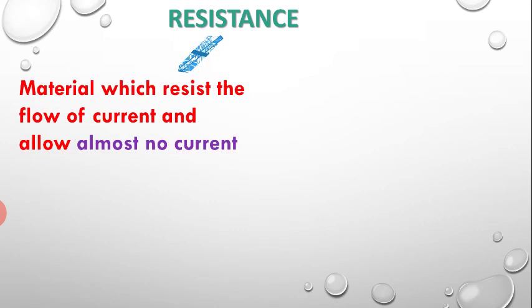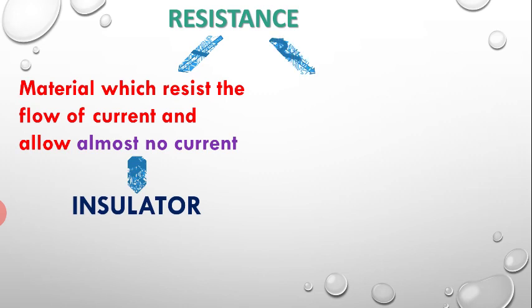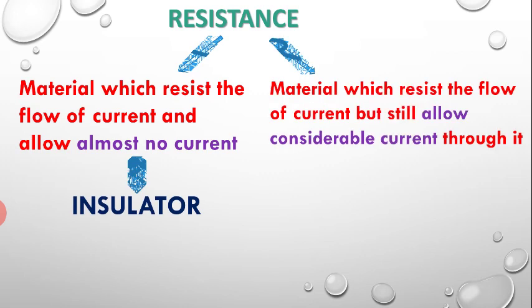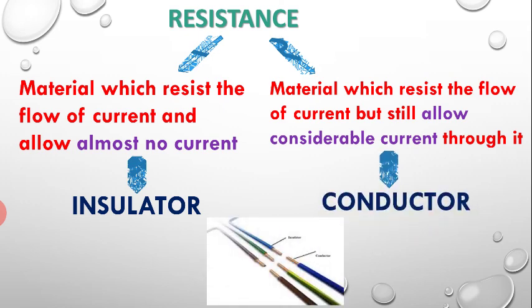Okay, and material which resists the flow of current but still allows a considerable amount of current through itself is known as a conductor. Okay, so you will see this picture, you will find that the core of the copper wire is the conductor, and the covering that covers this copper wire is the insulator, and because of this insulator we are protected from the electric current that is flowing through it.